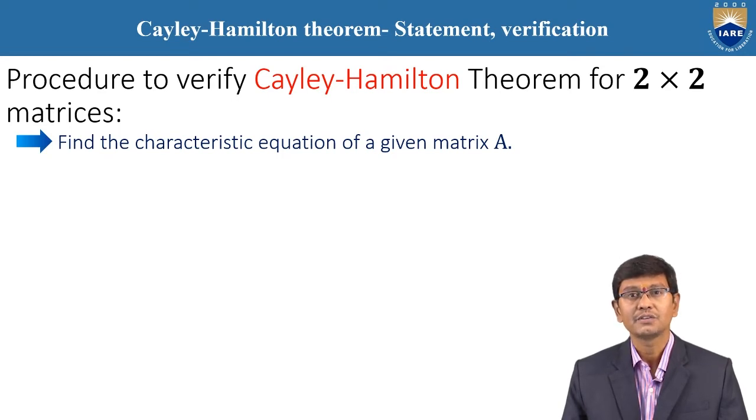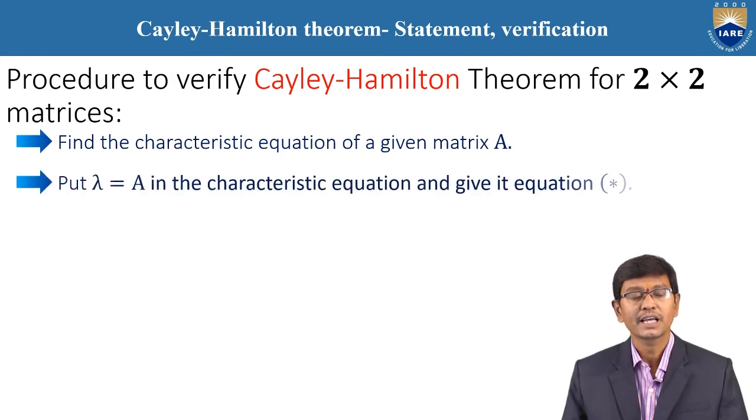First, we need to find the characteristic equation, which is the determinant of A minus lambda I equal to 0.